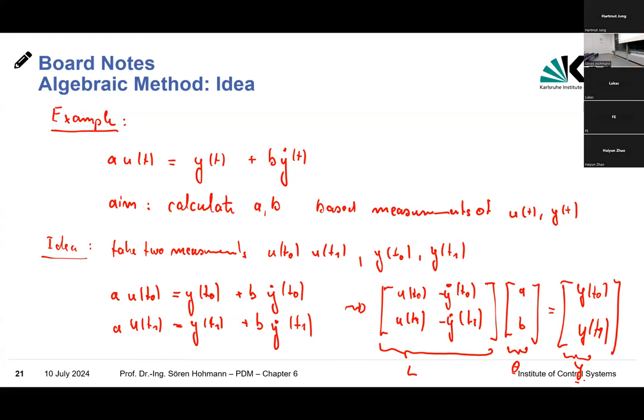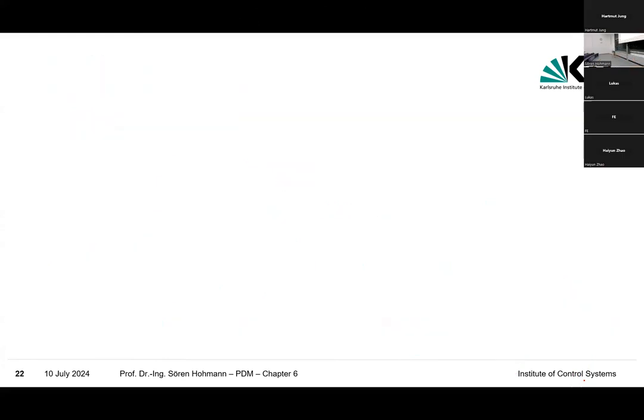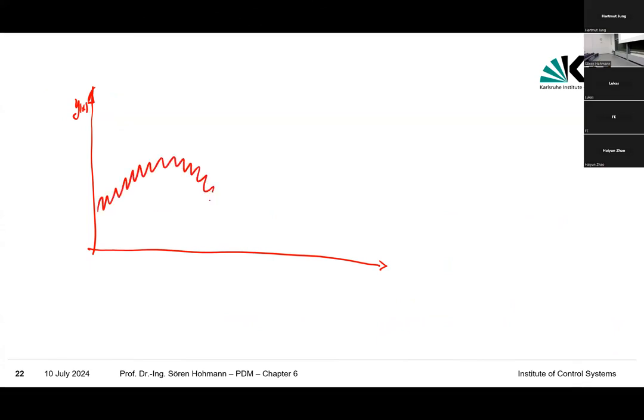So I try to do my very best to depict your atypical measurement. Now we assume T0 and T1 are close by.